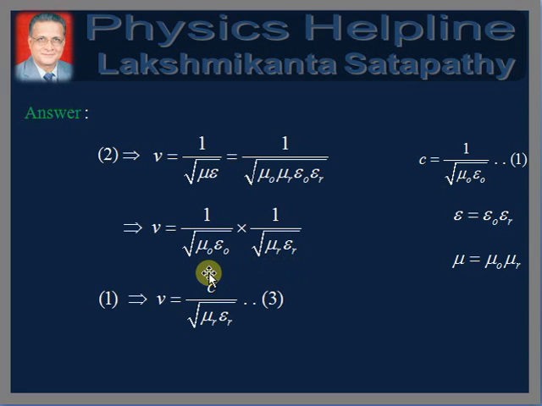Now, 1 by root over mu 0 epsilon 0 is equal to velocity of light in vacuum c. Therefore, we get v is equal to c divided by root over mu r epsilon r.